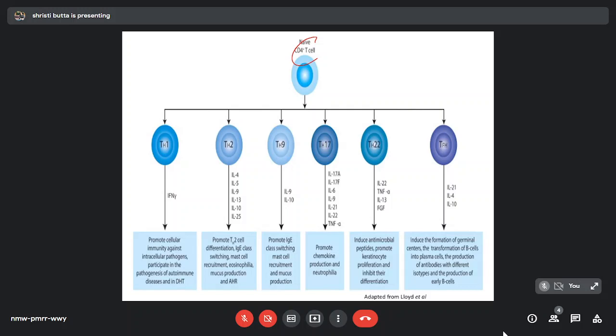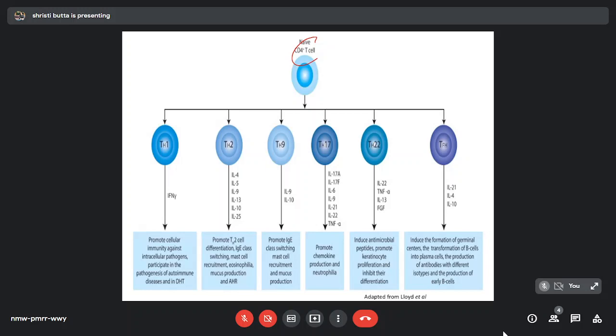The interferon gamma promotes cellular immunity against intracellular pathogens and participates in autoimmune disease pathogenesis and delayed hypersensitivity reactions. T helper 2, on the other hand, produces interleukin 4, 5, 9, 13, 10, and 25.